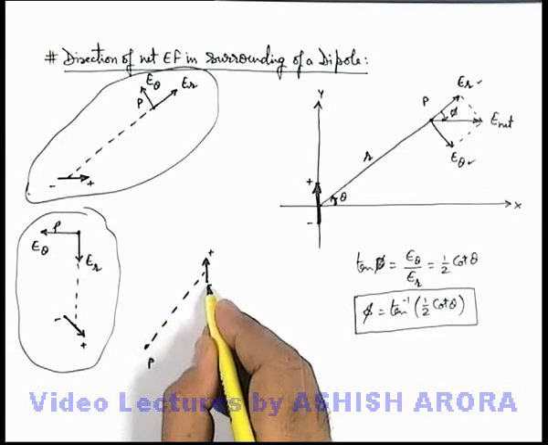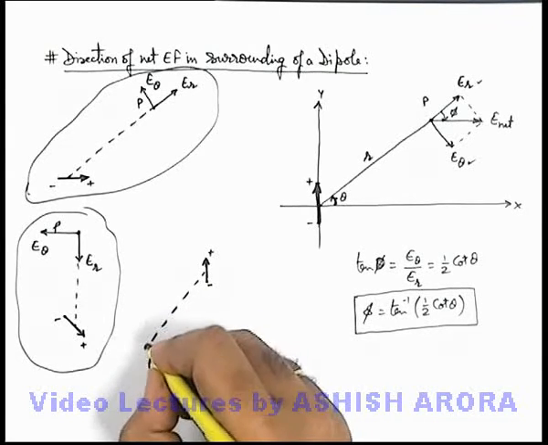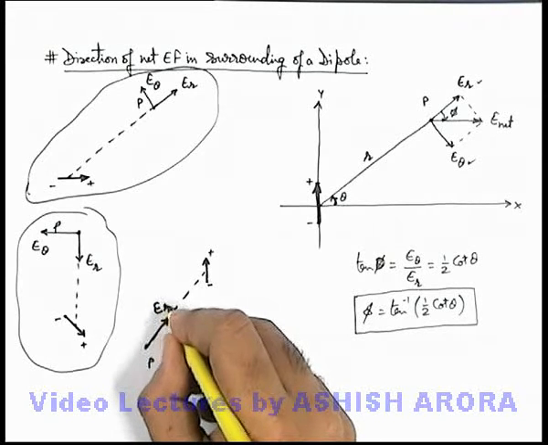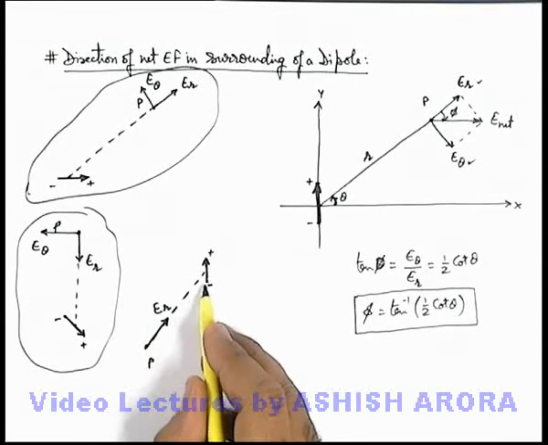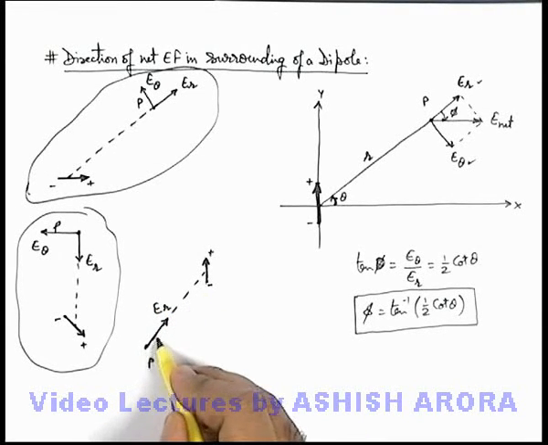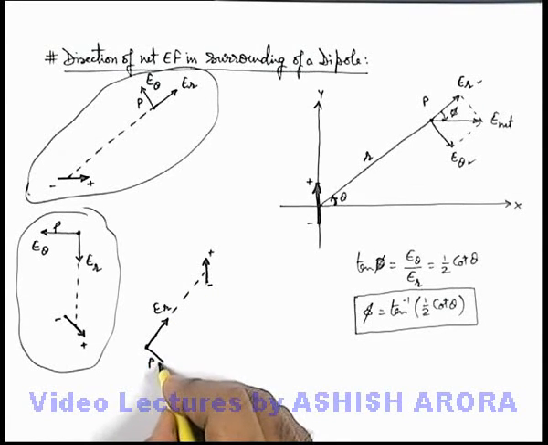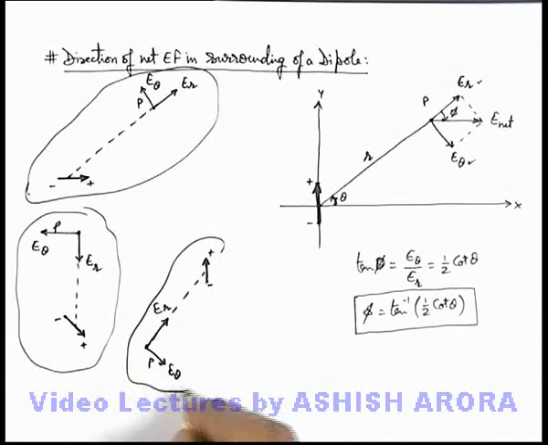That means the effect of the negative charge is more at P. So the radial direction will be toward the dipole, it is ER. Due to this negative end, the electric field will be in this direction. Due to positive, it is in this direction. So the resultant of the two fields in the direction perpendicular to the radial direction will be E theta, and it is in this direction.